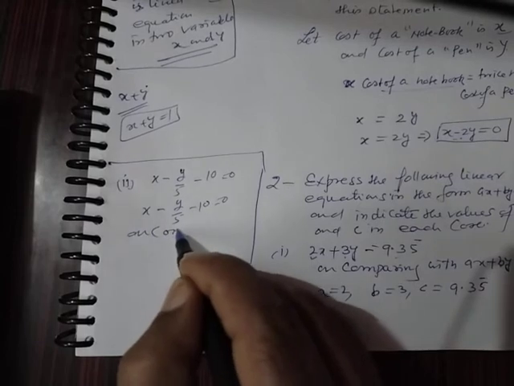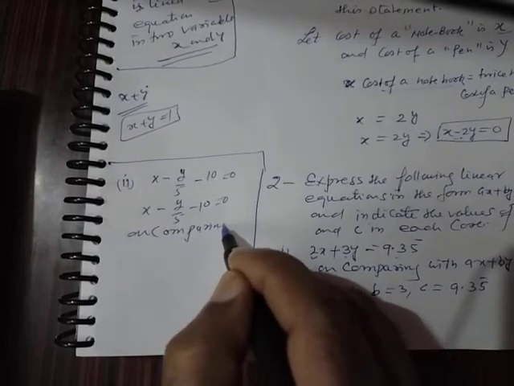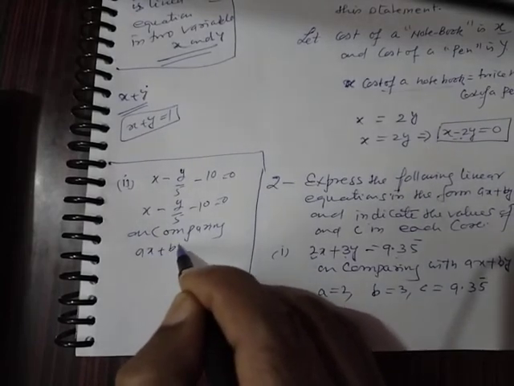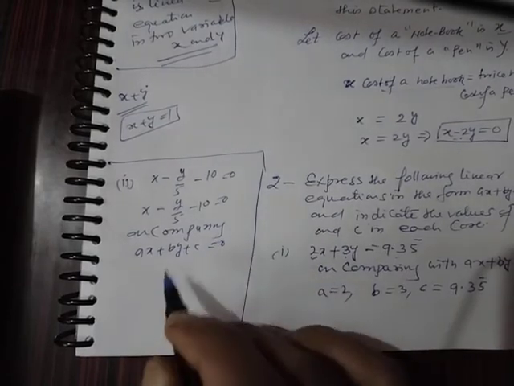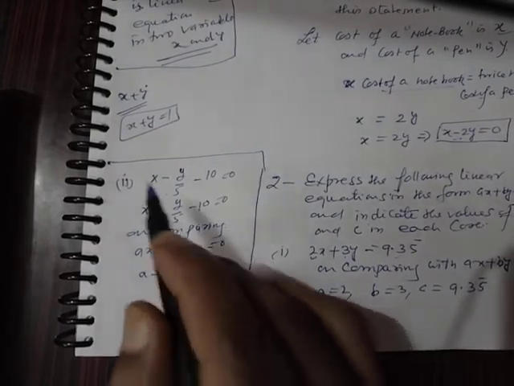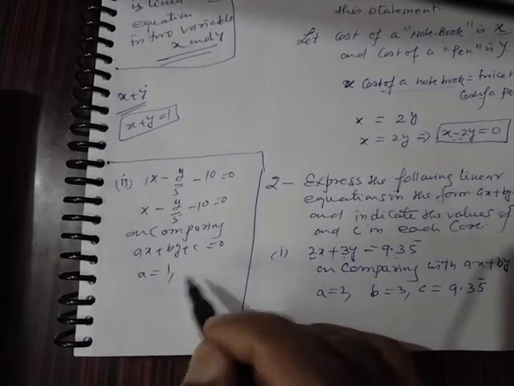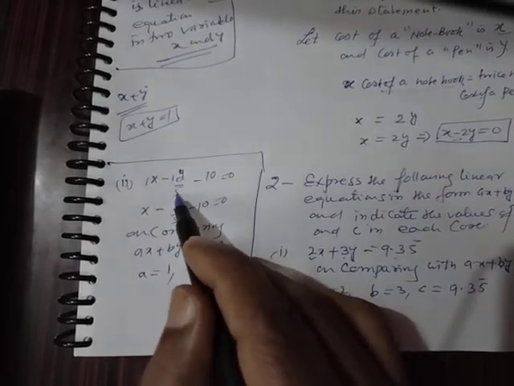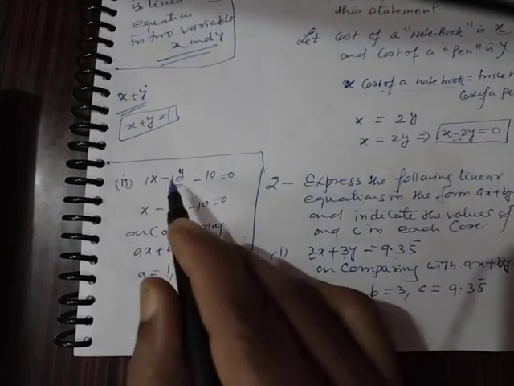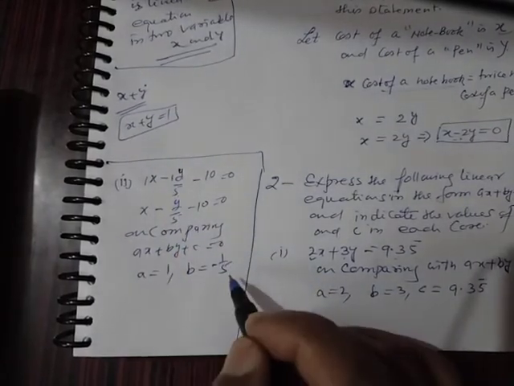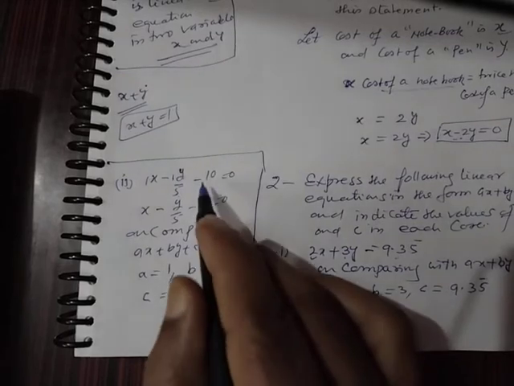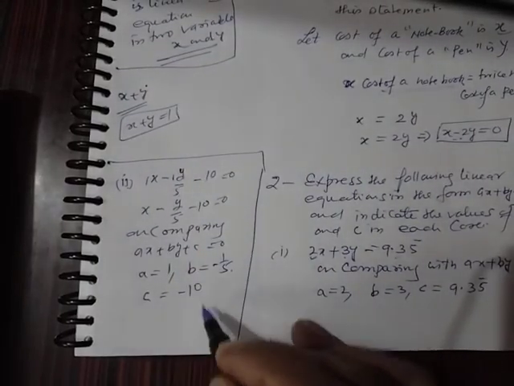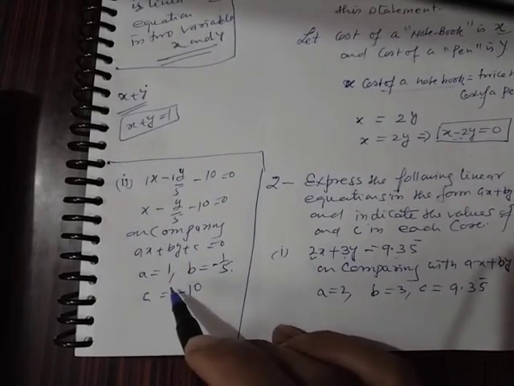On comparing with ax plus by plus c is equal to 0, a is equal to the coefficient of x, which is 1, and b is equal to the coefficient of y, which is minus 1 upon 5, and c is equal to minus 10, that is the answer. Okay.